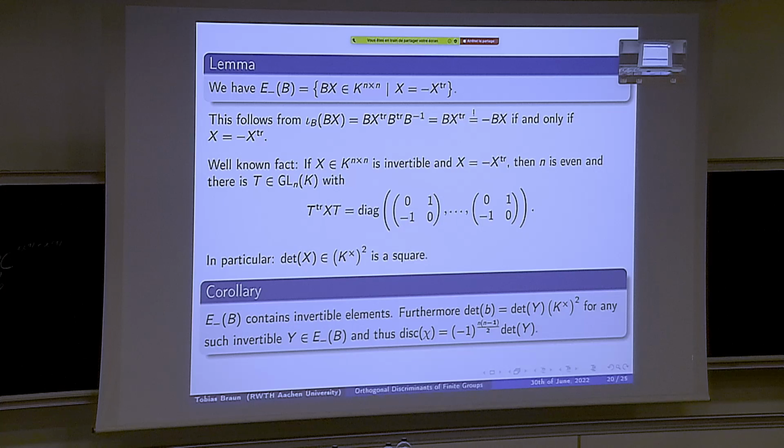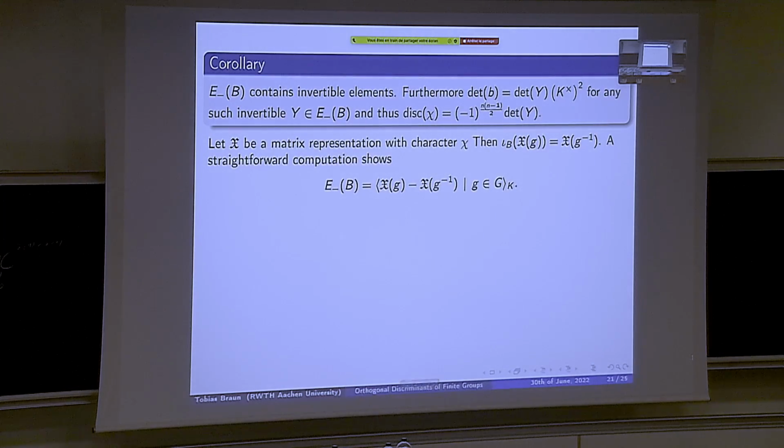So if you want to compute the determinant of a symmetric matrix, you compute the determinant of a skew-symmetric matrix. And the advantage is that you don't even have to know the bilinear form for this. You don't even have to know B for this. The reason is the following. That's just another straightforward computation. If we have now a matrix representation X with character chi, then we know what the adjoint involution does to group elements. It just inverts them.